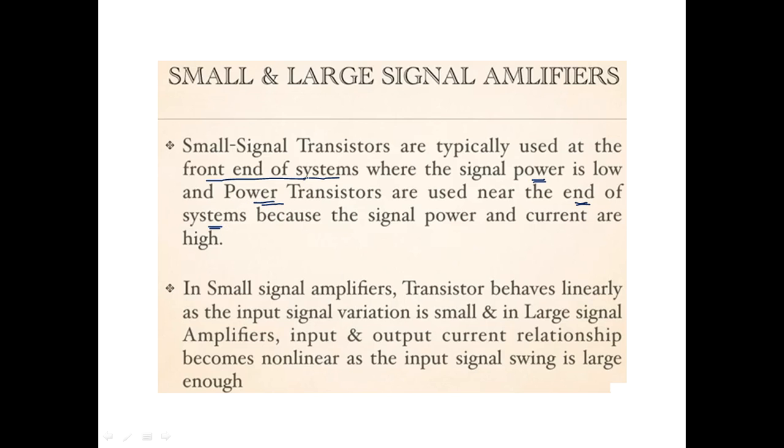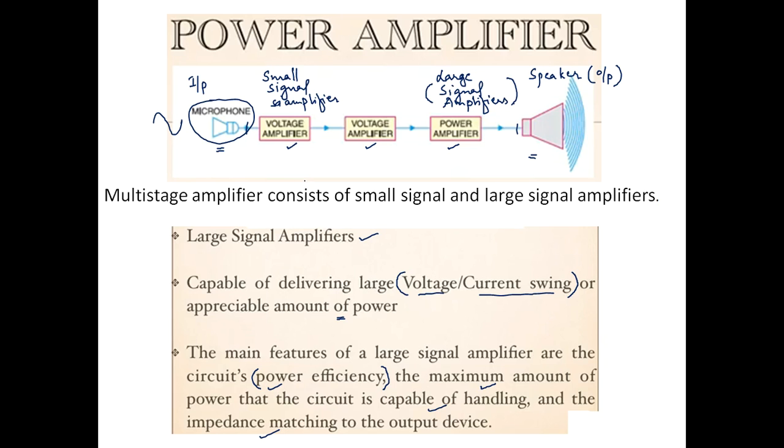This is evident from this diagram of a communication system. This is the front end. At the front end, usually small signal amplifiers are used because the requirement is of lesser power, whereas at the output side, we need large signal amplifiers.